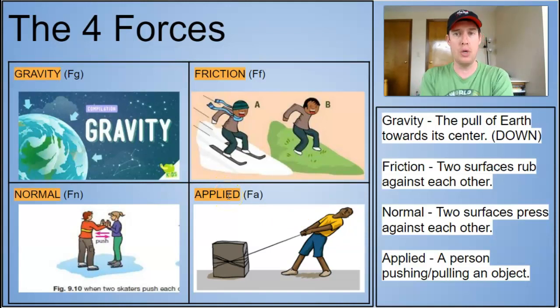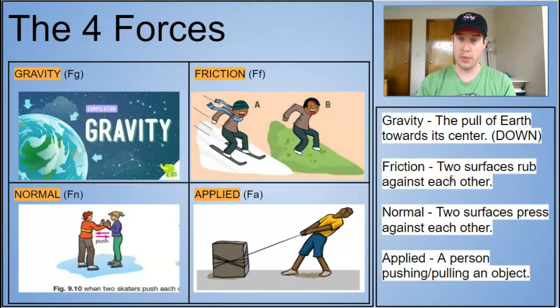Now, if you have ever tried to push or pull something, unless it's on the ice, there's been some resistance at first to get that thing to move. Well, that is our 4th force, the force of friction, the F of F. And friction acts when two surfaces rub against each other.